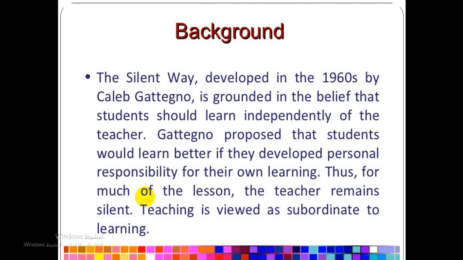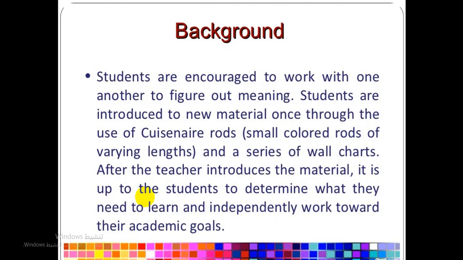Also, in this method, the teacher remains silent, and teaching is viewed as subordinate to learning. The silent way is based on the idea that the teacher should be silent as much as possible in the classroom, and the learner should be encouraged to produce as much language as possible.